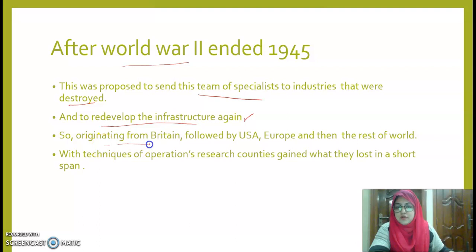It started from Britain, followed by the USA, then Europe, and then the rest of the world. With the techniques of operations research, countries recovered from their losses in a short span of time, which would not have been possible without operations research.